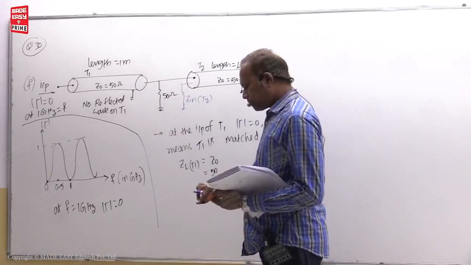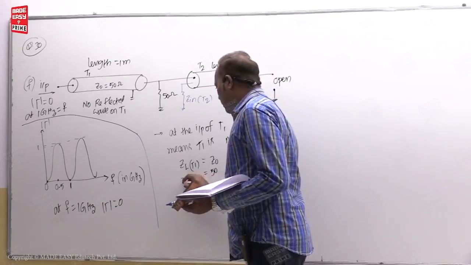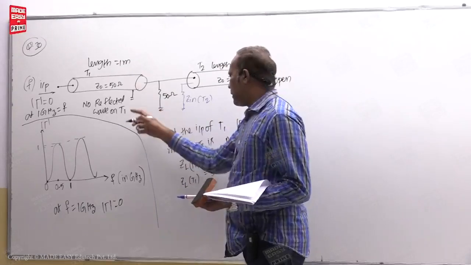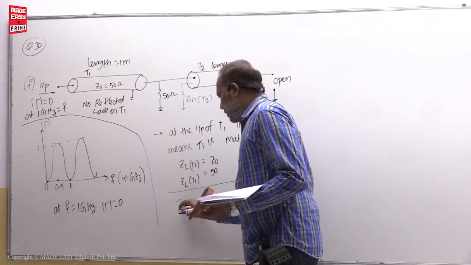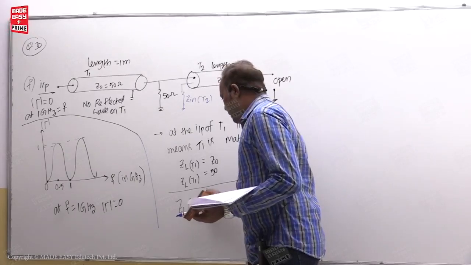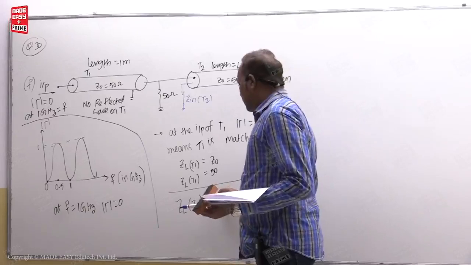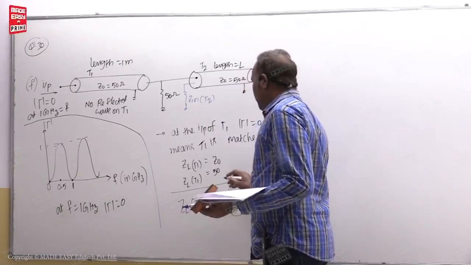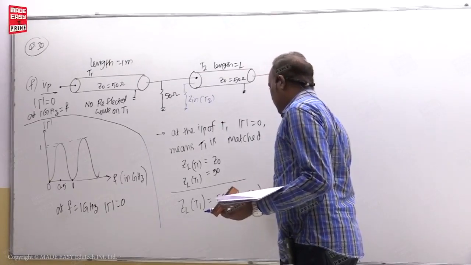So here ZL of T1 is equal to 50 from this information. Another information: ZL of T1 is equal to 50 in parallel combination with Zin of T2.